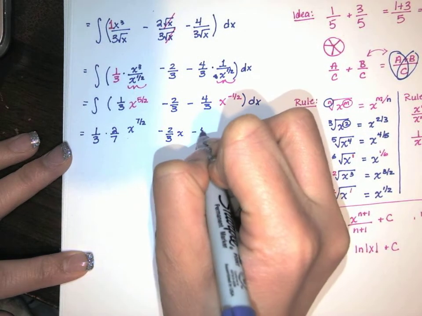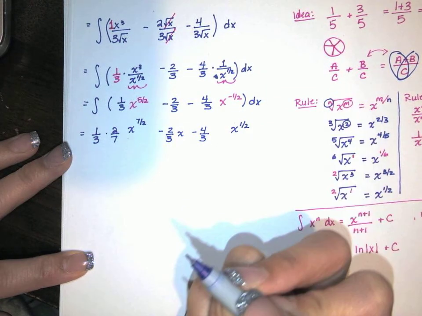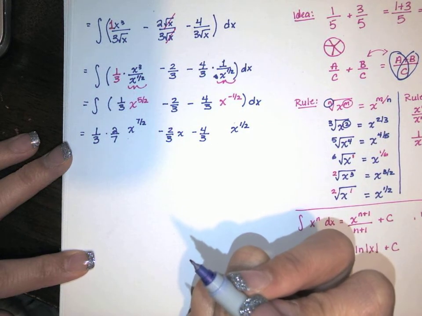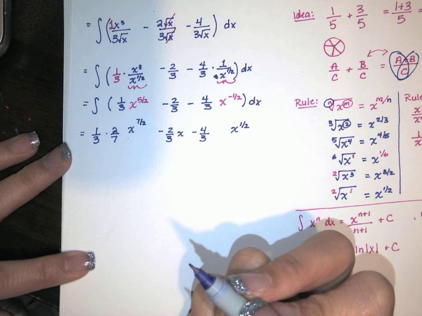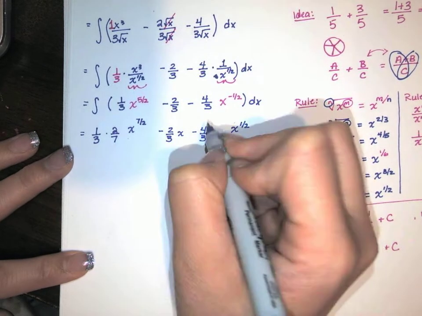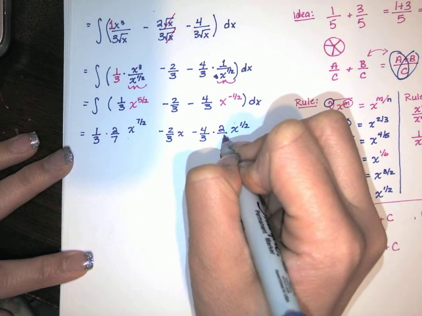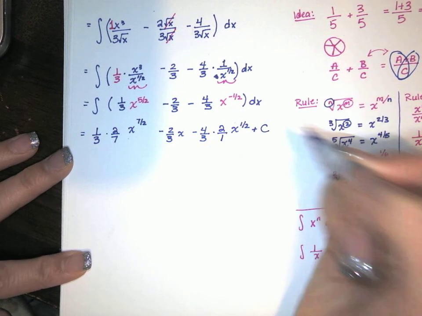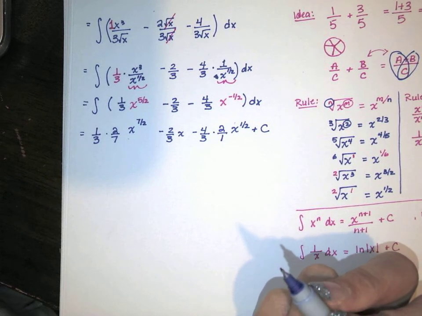And then we bring our constant 4/3 down, add 1 to the exponent. 1 plus -1/2 is positive 1/2. And then divide by the new exponent. Dividing by 1/2 is the same as multiplying by 2 over 1. Flip it and multiply. And that's your answer. It's not simplified, but that's your answer.